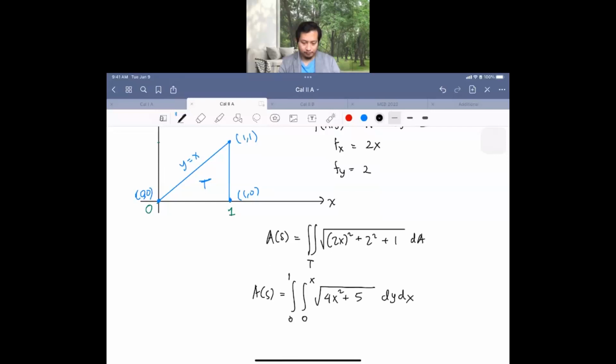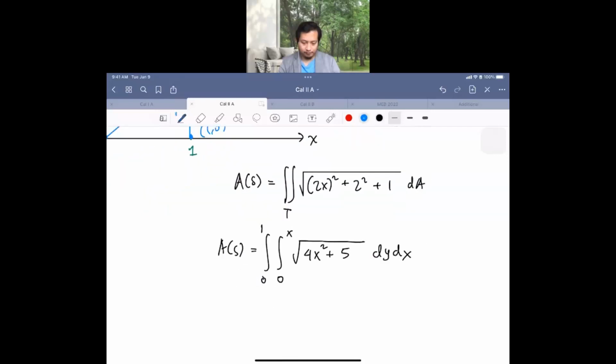Now, because we are going to have double integrations, you need to be wise in defining dy dx or dx dy. Because we have x here, I believe it will be very easy if we just do dy dx rather than dx dy.